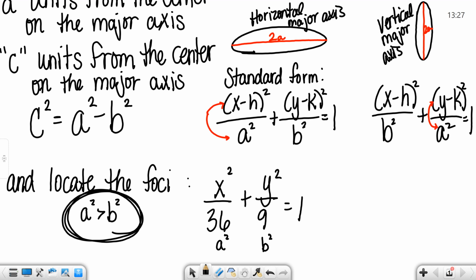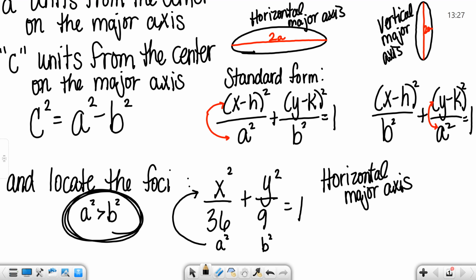My a value is up under the x, so this is a horizontal major axis, which means it's going to look like it's laying down.